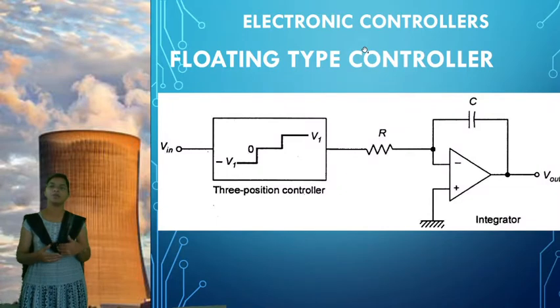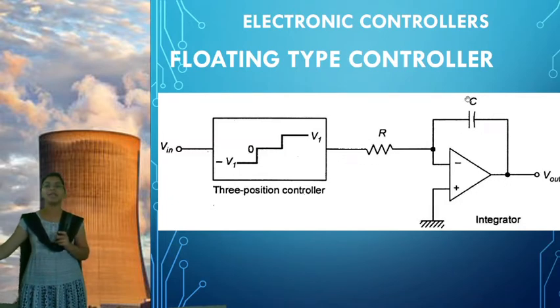In op amp, which circuit will produce a linear action, or a ramp output? That is the integrator. The integrator is nothing but our input connected to the inverting terminal by a resistor, but in the feedback element we include a capacitor.